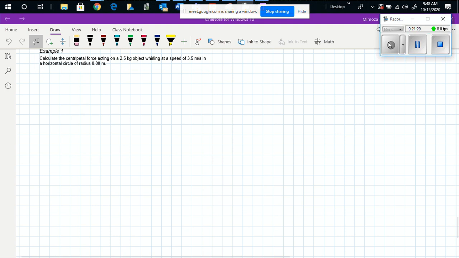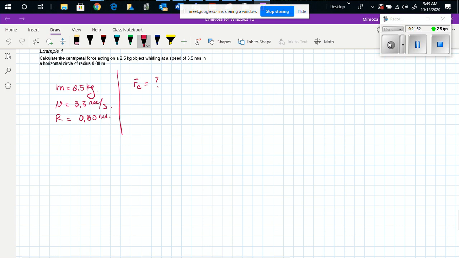So let's work on this example. Calculate the centripetal force acting on a 2.5 kilogram object that is moving in a circle at a speed of 3.5 meters per second at a horizontal radius of 0.80 meters. What we are looking for is the centripetal force.